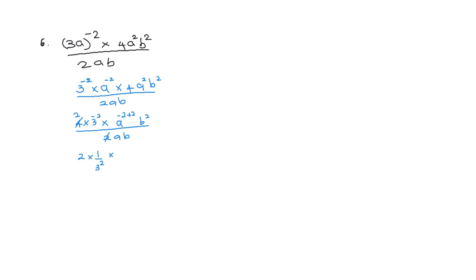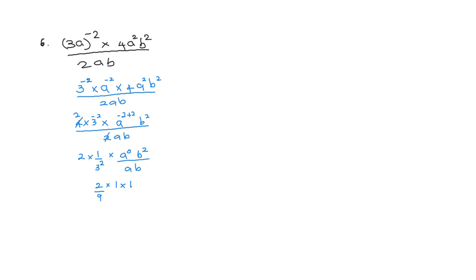In the numerator you have a to the power 0 minus 2 plus 2, which equals 0. Then times b squared divided by ab. So then you have 3 squared is equal to 9, and a to the power 0, that is 1.